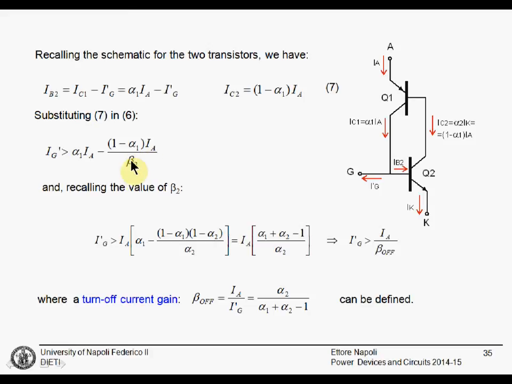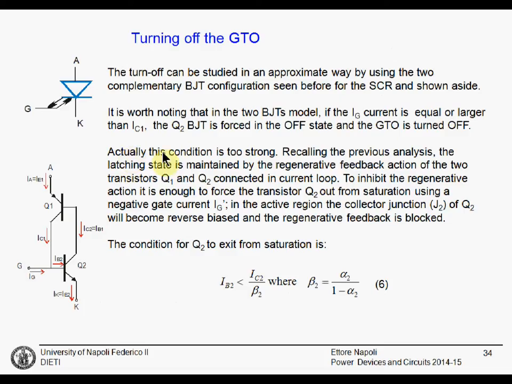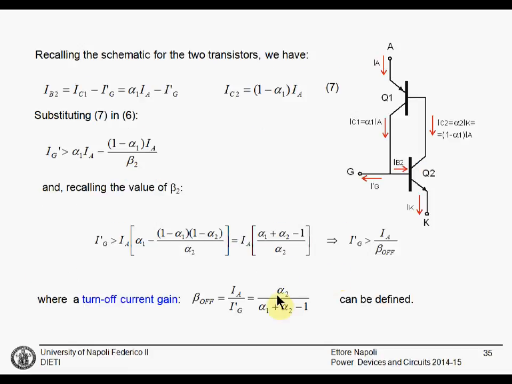We can substitute beta 2 with this equation here to get this relation. This can be simplified to get that the gate current is larger than the anode current multiplied by alpha 1 plus alpha 2 minus 1 divided by alpha 2.